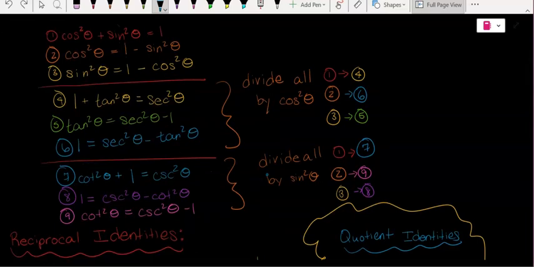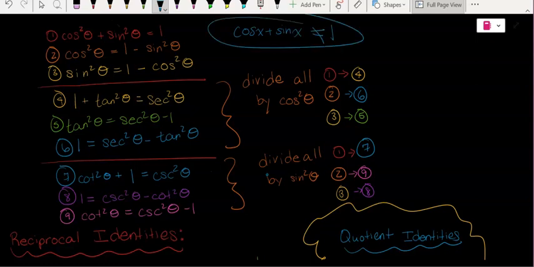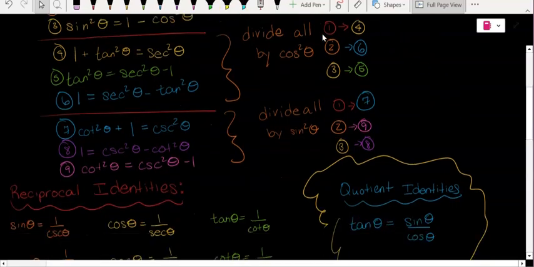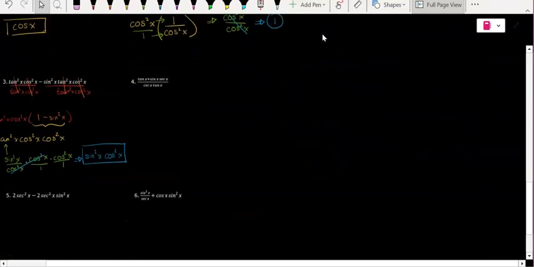So for example, if I have cosine plus sine, that does not equal 1. So make sure that you remember that it has to have an exponent there, okay? So always make sure it's got that exponent, okay?